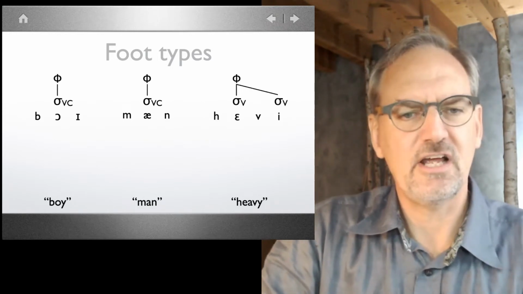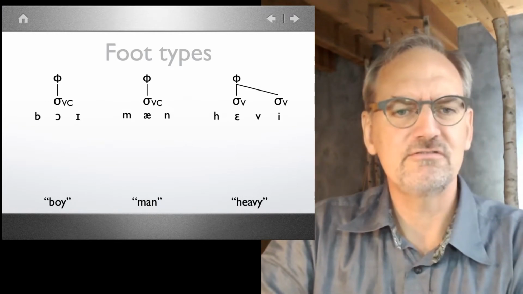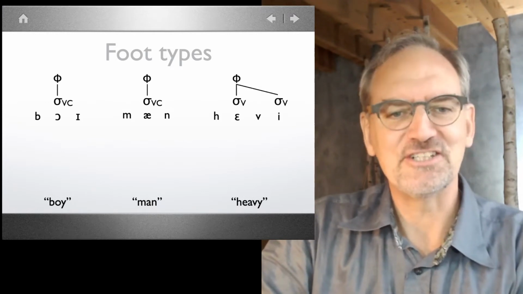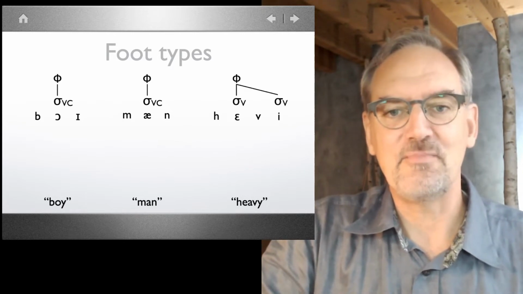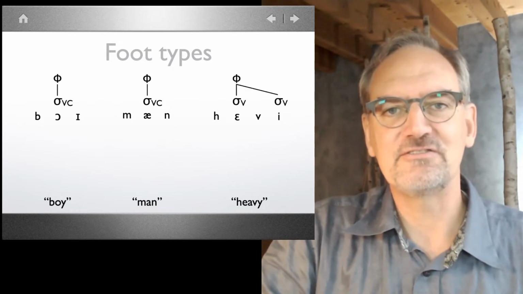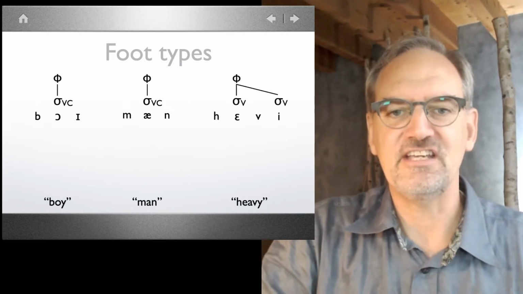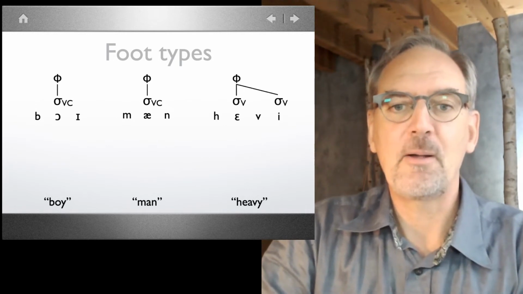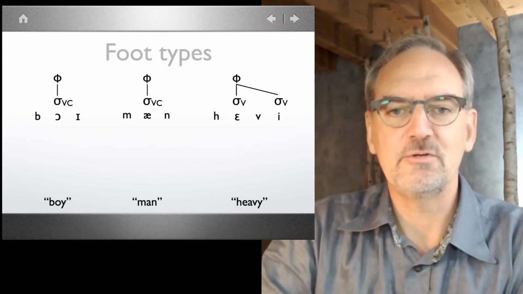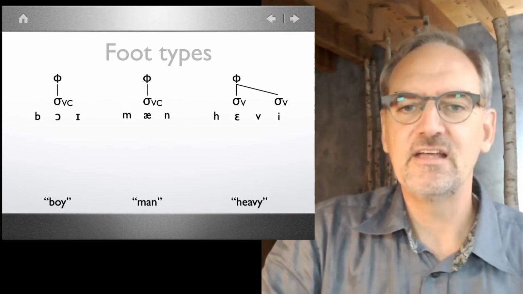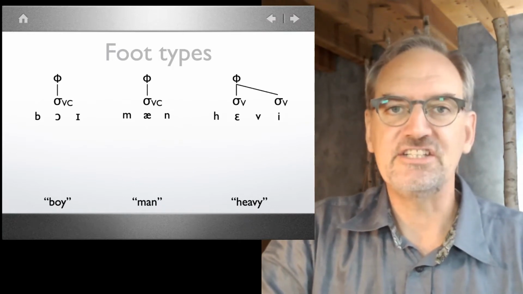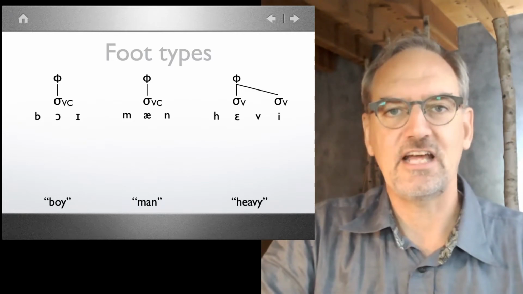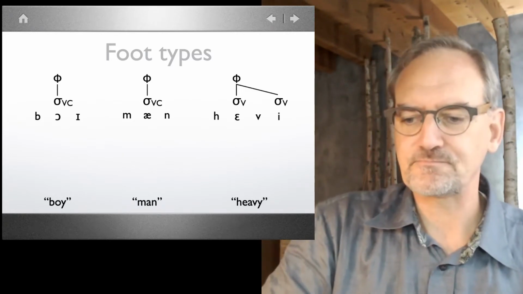Oh, sorry, that's a mistake. That should say vowel. Well, glides are consonants, so I'll leave it like that. And likewise, the monosyllabic foot for man, the VC, indicates that it's a heavy syllable, a syllable with two segments in the rhyme. And then the syllables in heavy each have one segment in the rhyme.